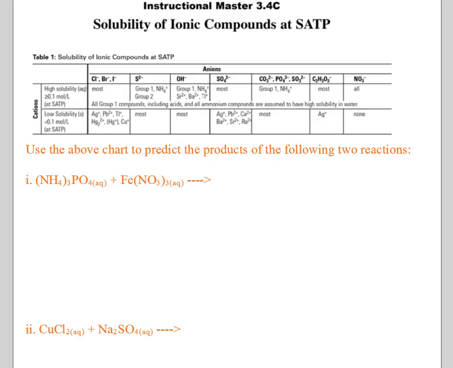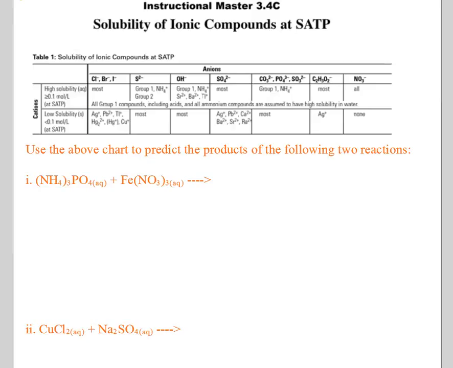That is, can they be dissolved easily in water, or will they have what's called low solubility, in which case we're quite likely to dissolve very little? On the other hand, if these two ions combine in solution, will there be a reaction as products?